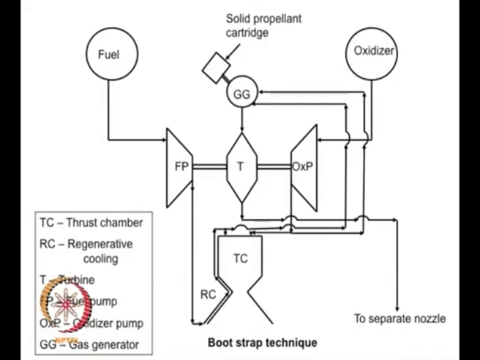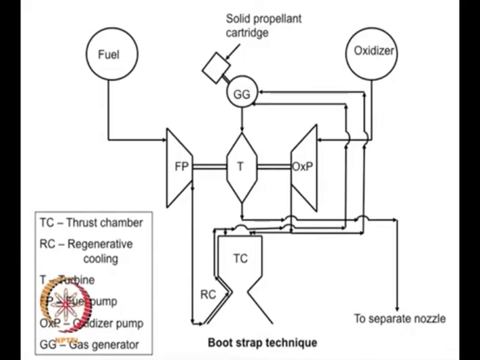So, you have fuel coming in through the fuel tank and the fuel pump and the regenerative cooling jacket, and it will not directly go into the thrust chamber. It will go to the gas generator, all the fuel will go into the gas generator, a part of the oxidizer will also go to the gas generator.